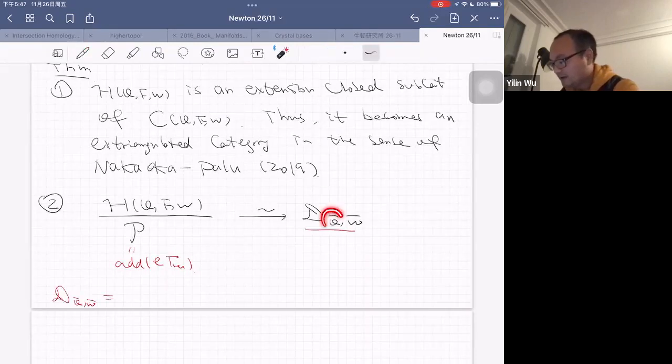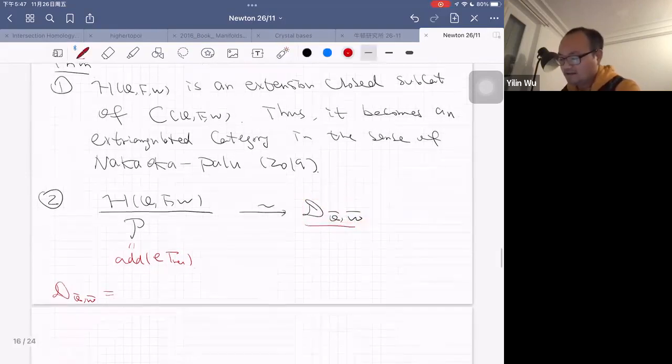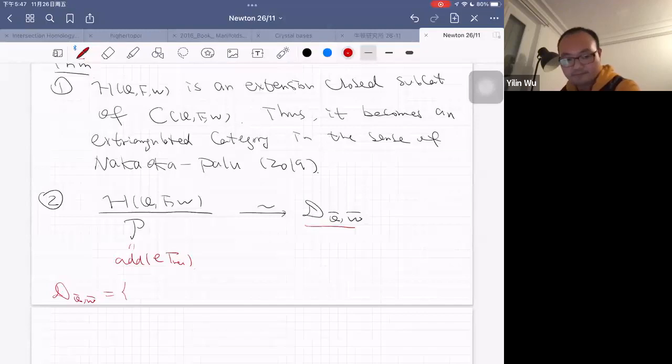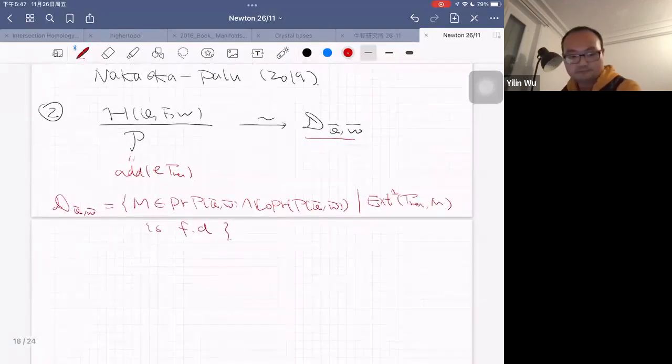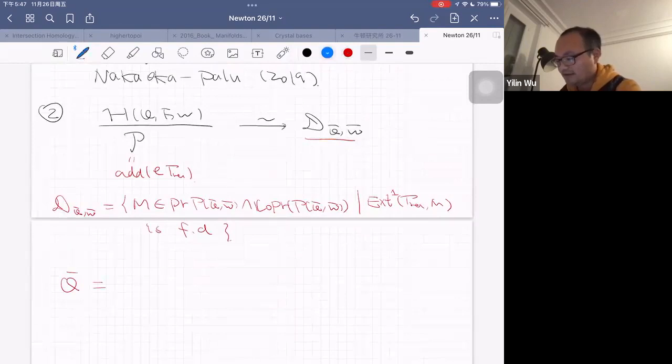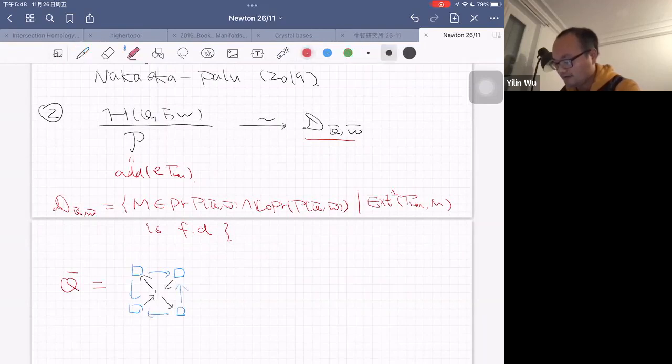If Q bar W bar is Jacobi-finite, then this is just the cluster category defined by Amiot, where Q bar is obtained by deleting the frozen part.